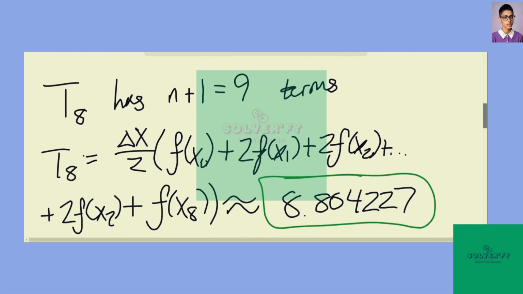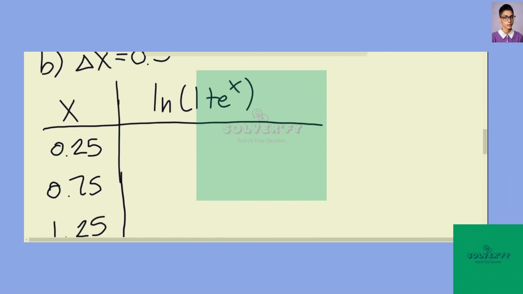Then, just as in part A, we're going to plug in the values on the left to get the values on the right. For example, plugging in x equals 0.25 into natural log of 1 plus e to the x, this is approximately 0.82593942, however many decimal places you want.